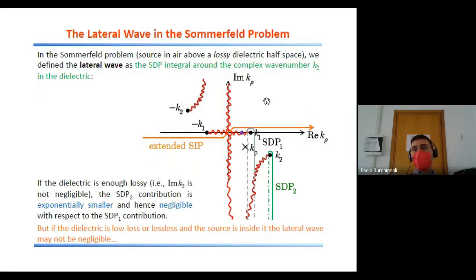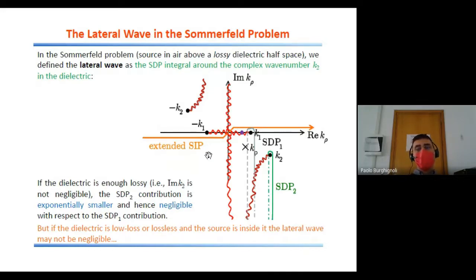And originally, the integration path would run on the positive real axis. However, we managed to extend the integration contour. So this is now the orange one. And the situation in terms of singularities of the integrand is the one represented here. So we have branch points that are associated with the medium K1.